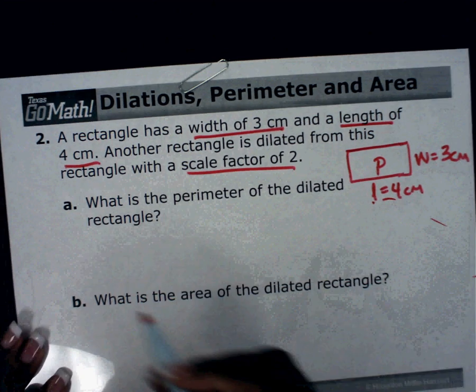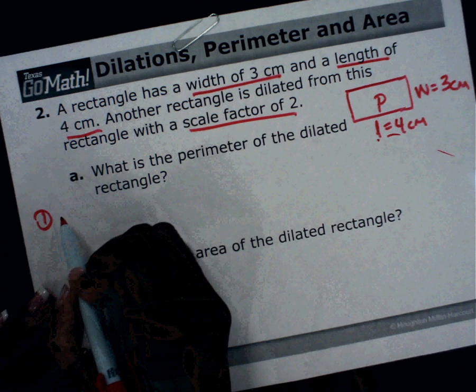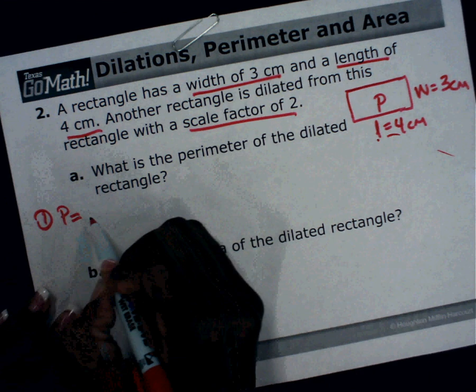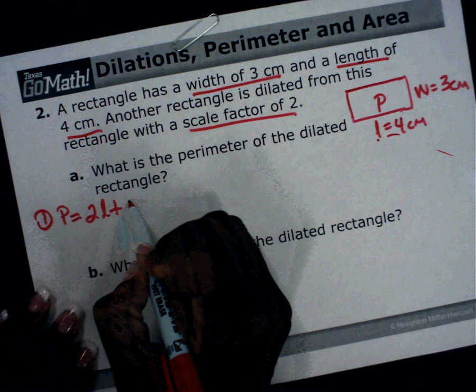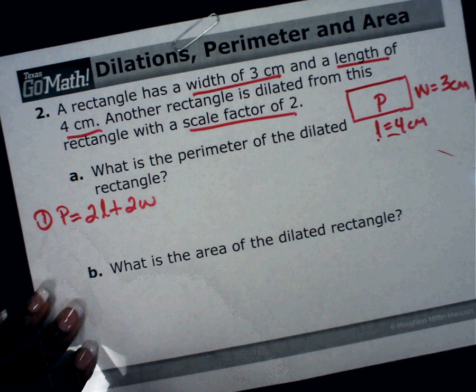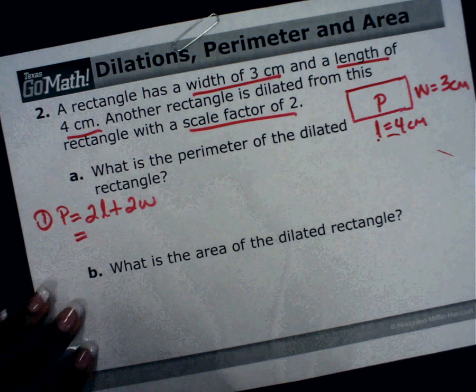So the first thing that we want to do is find the perimeter of our pre-image. Okay, so we're going to use P equals 2L plus 2W. So again, this is our pre-image. This is what we're starting with. So we're going to substitute in the values of L and W, or the length and width.